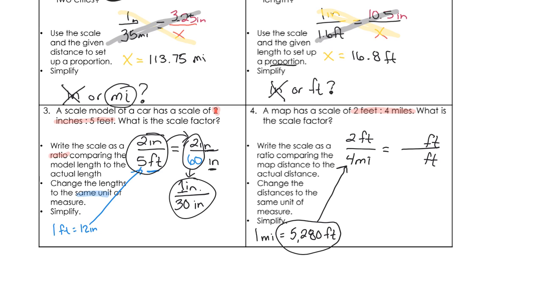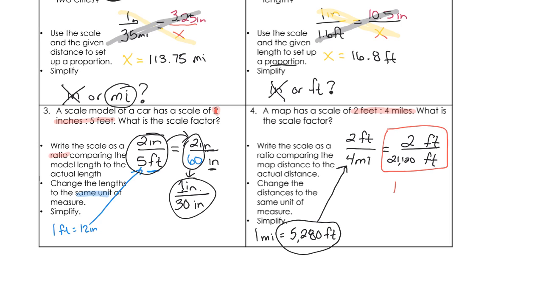So we figure out how many feet are in 4 miles. So we do 4 times 5,280. When you do that, you should get 2 feet over 21,120 feet. Now, in theory, we are done here, but not really.